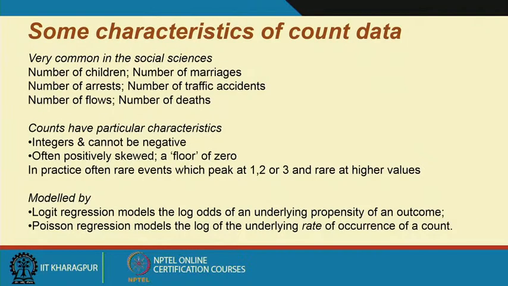Now, I will bring some classic examples relating to count data and discrete data, very common in social science or engineering science environments: number of children, number of marriages, number of arrests, number of traffic accidents, number of floods, number of deaths.